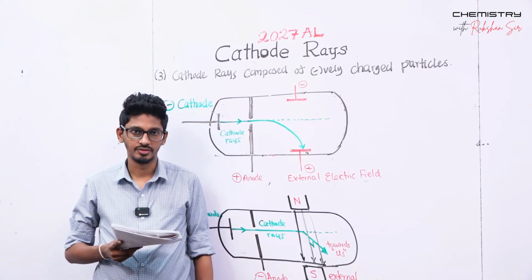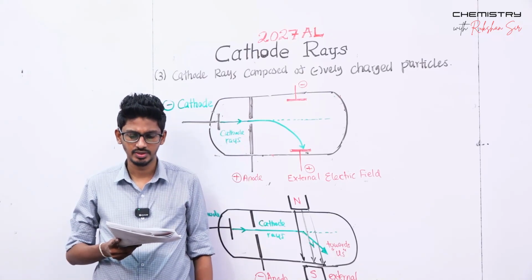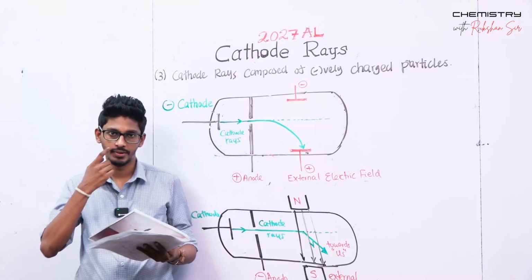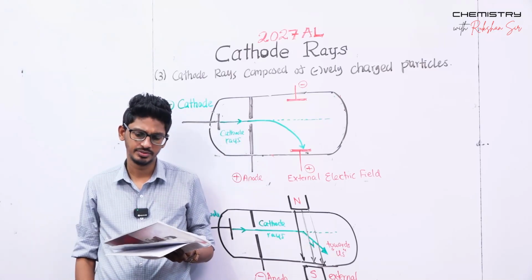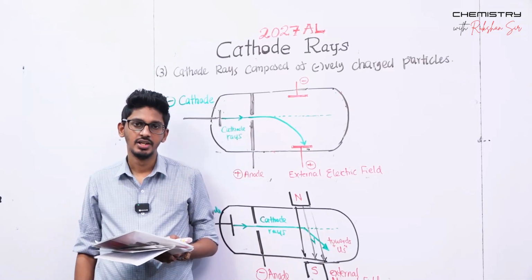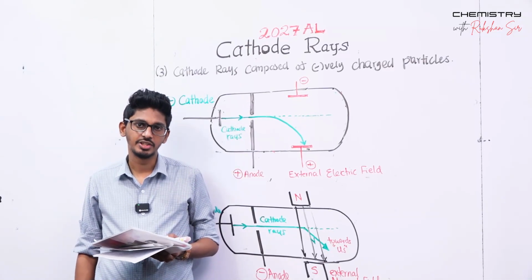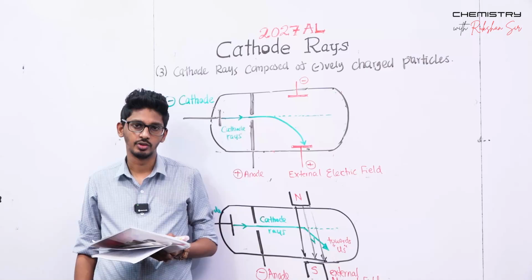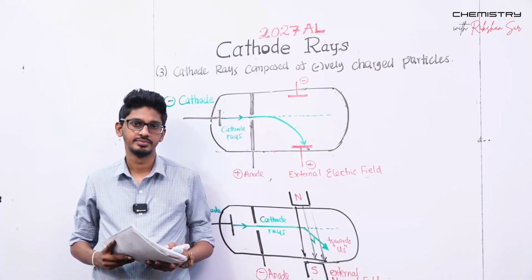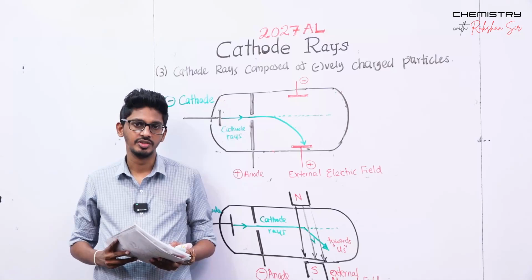Again come to red color and write: cathode rays deflect towards the positively charged plate.